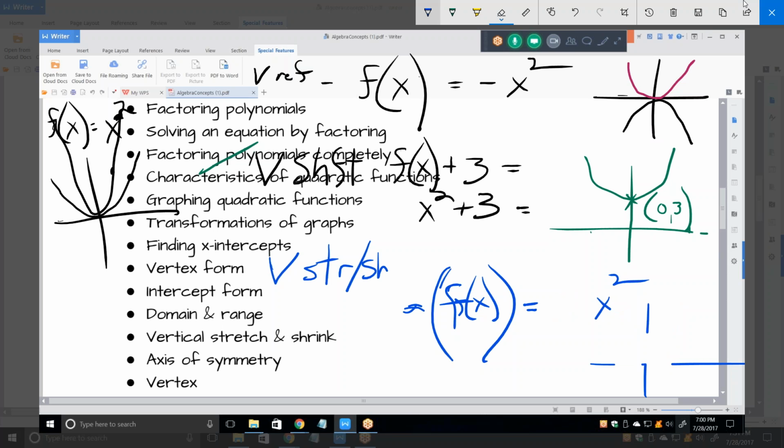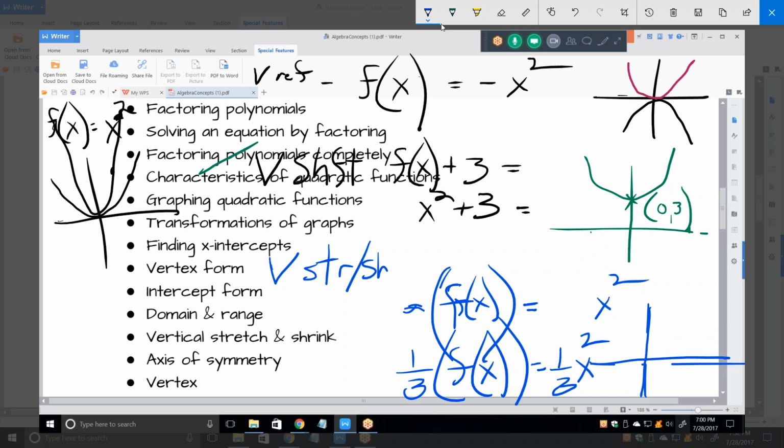In other words, how about 1/3 f of x? What function is that? 1/3 x squared.